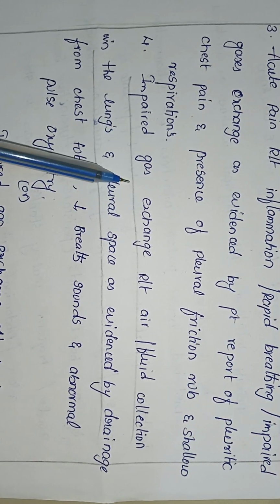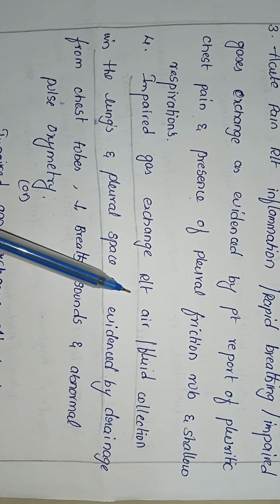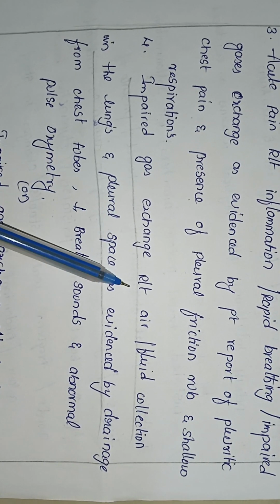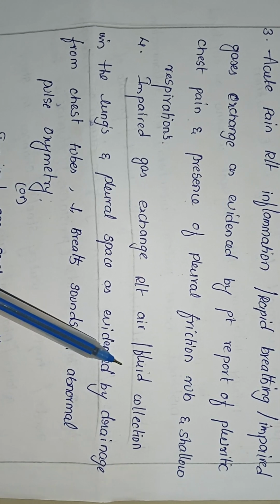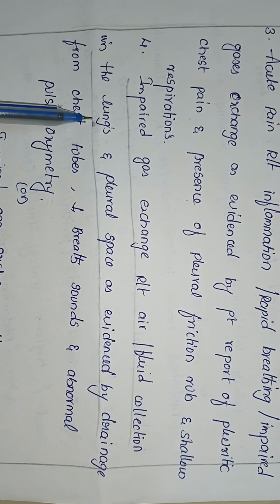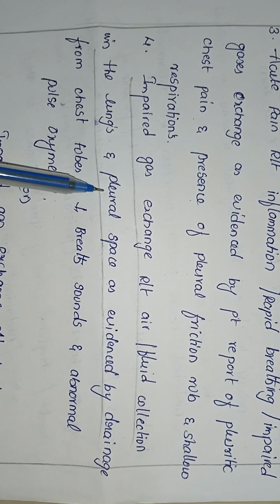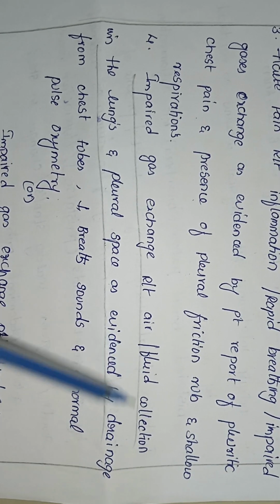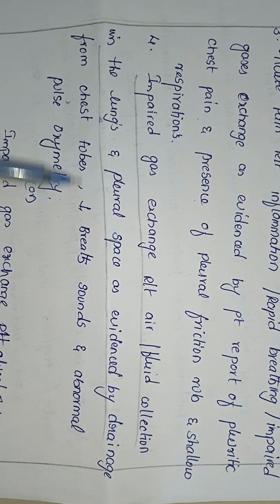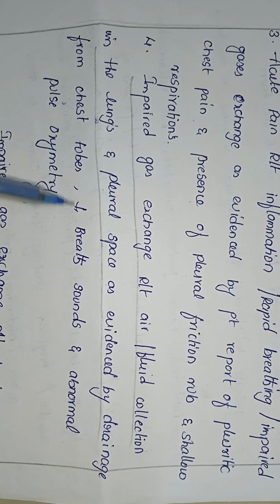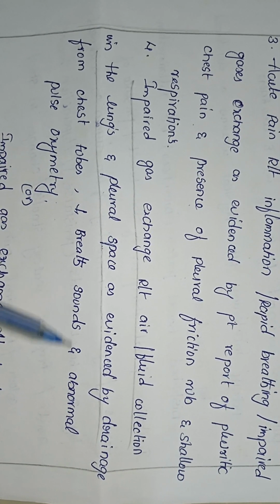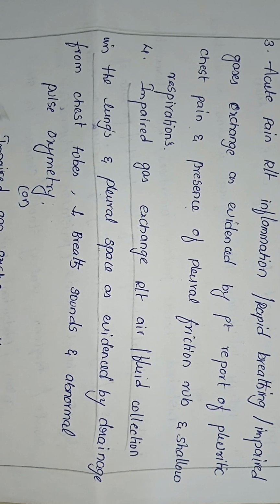It means gas exchange, oxygen and carbon dioxide exchange, is altered here because fluid or air is collecting in between the lungs and the pleural space. So the pleural space filled with fluid is drained by the chest tube, and when the chest tube is present, decreased breath sounds and abnormal pulse oximetry may be seen.